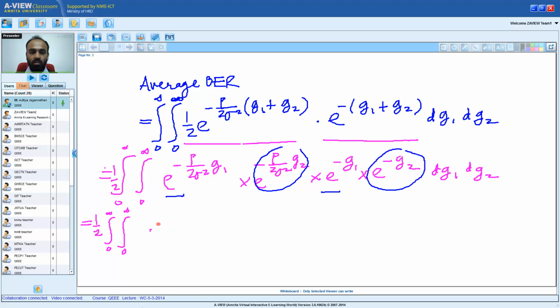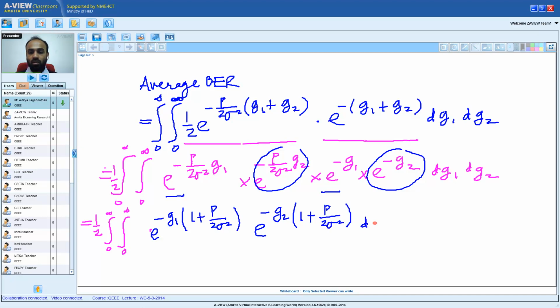Therefore it can be written as e to the power of minus G1 (1 plus P over 2 sigma square) into e to the power of minus G2 (1 plus P over 2 sigma square), dG1 dG2.